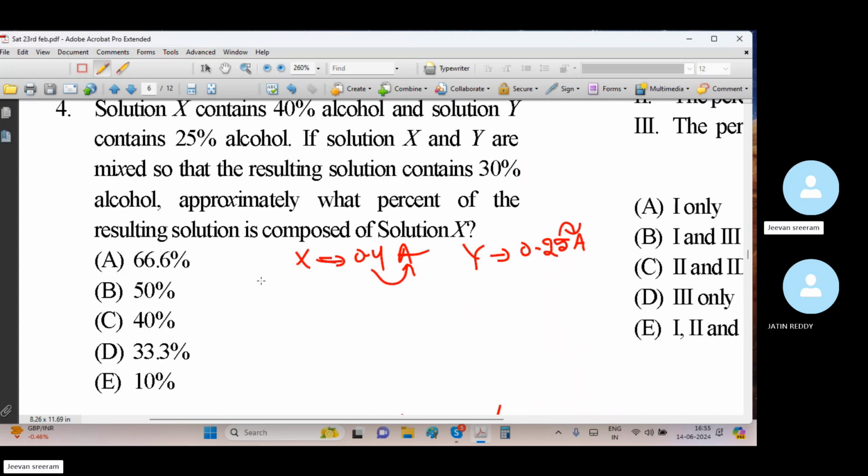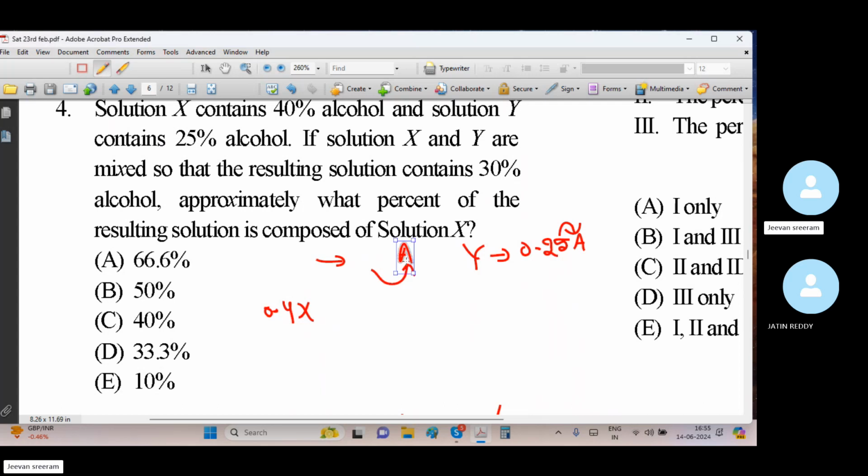X has 40% alcohol. So 0.4 times X is actually the alcohol in the X solution, right?